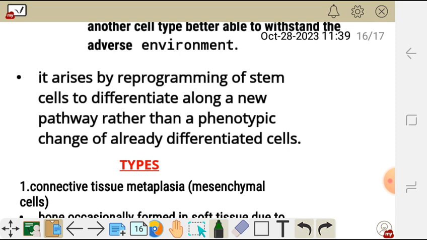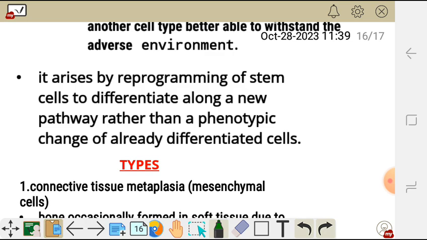So here the stem cells are being reprogrammed to produce new types of cells, not from already differentiated cells, but from the stem cells. The stem cells are going to differentiate to replace the already differentiated cells. That's how this mechanism of metaplasia takes place.